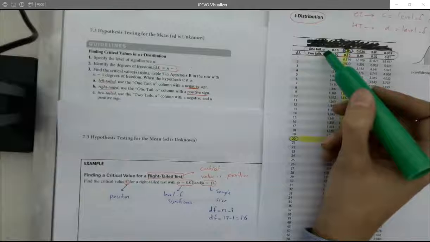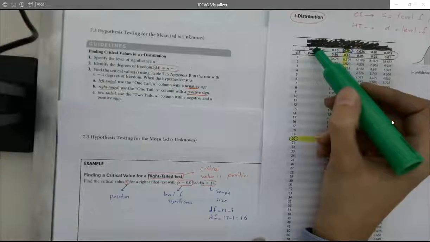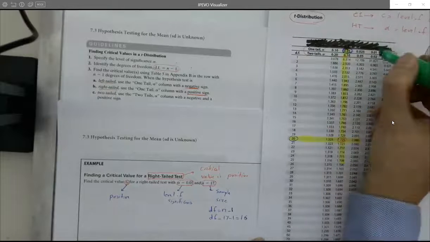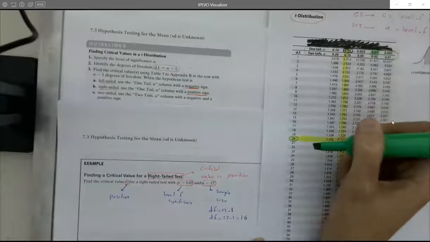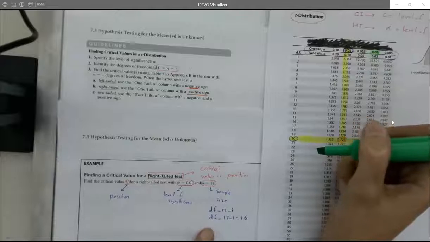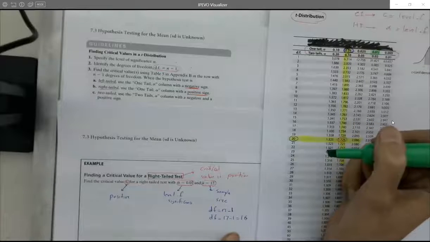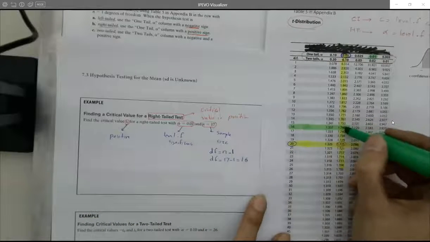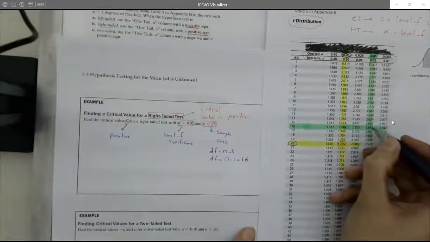So I'm just going to focus on the first row for alpha, 1%, which is just right here. And the degrees of freedom is given as 16. 16, let us find 16 here. 16 is here. So what's the intersection between them? The intersection is 2.583.